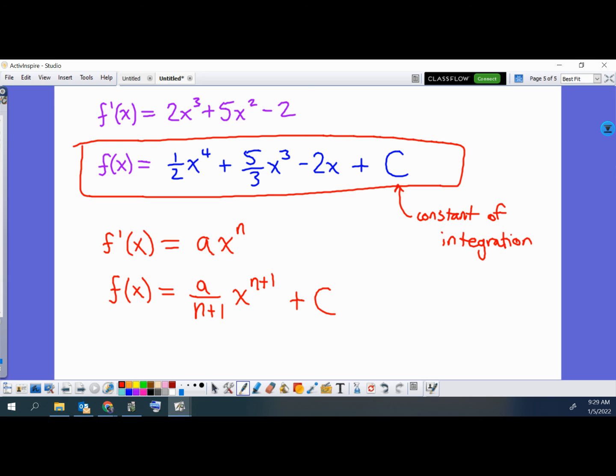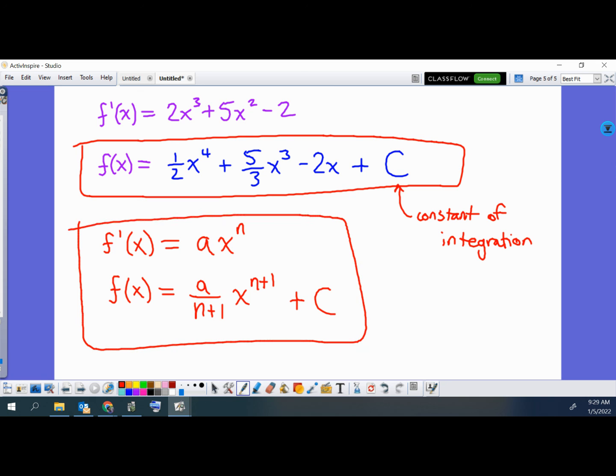So this is our power rule for antiderivatives. All those derivative rules we learned, every single one of them, if you do it backwards, is an antiderivative rule that you already know, right?